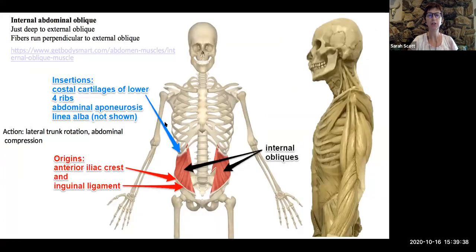But if we go to the internal, it goes the other direction, as you can see here. It's actually going medial to lateral as you move down the body. So each of these layers where they overlap, you're going to have fibers going in different directions. And that creates a very strong outer wall to that entire abdominal cavity.